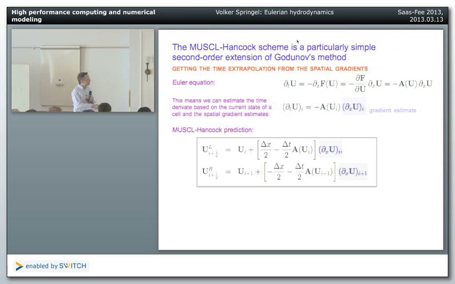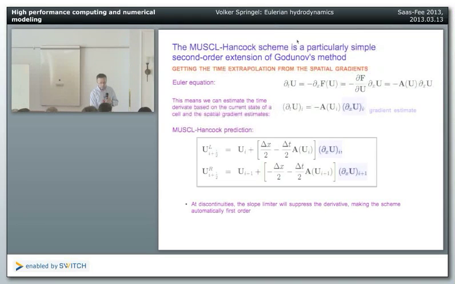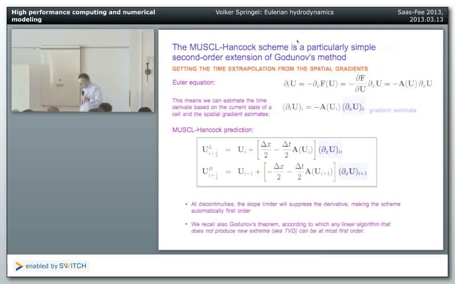All you have to add is basically a gradient estimation and a slope limiting procedure. As I said, at discontinuities, the slope limiter will suppress the derivative, making the scheme automatically first order. This is, by the way, also interestingly related to Godunov's theorem. You intuitively know why this is probably required, because he has shown that any linear algorithm that does not produce new extrema, that is total variation diminishing, can be at most first order.